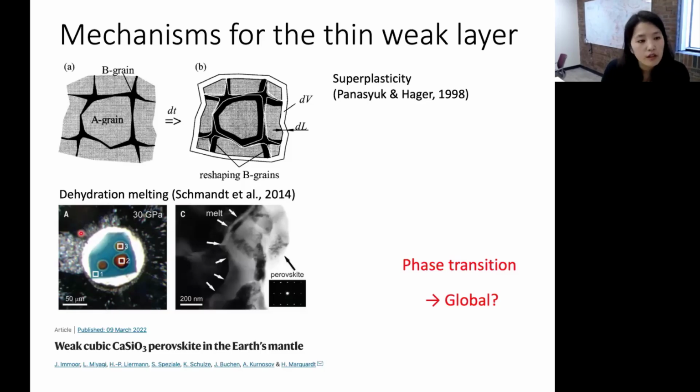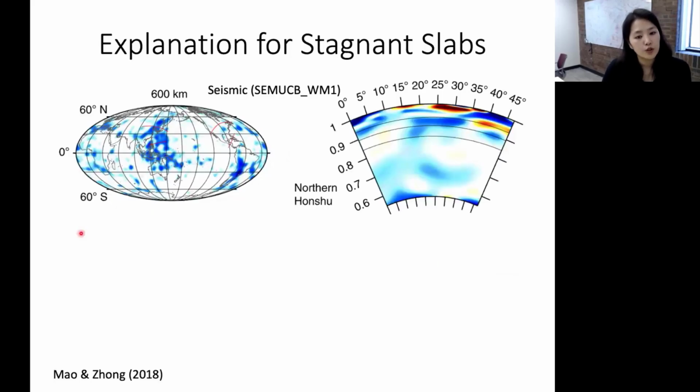Another interesting thing to point out is that if you have such a weak zone, it can provide an explanation for stagnant slabs. We know from seismic tomographic images that we see this flattening, or stagnant slabs, around the upper and lower mantle boundary.